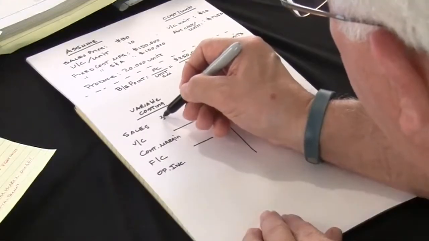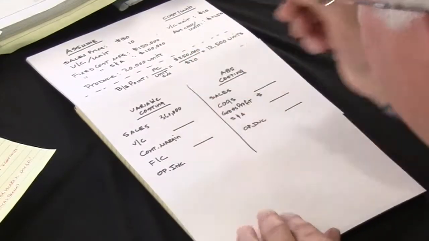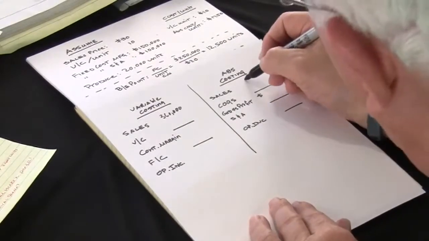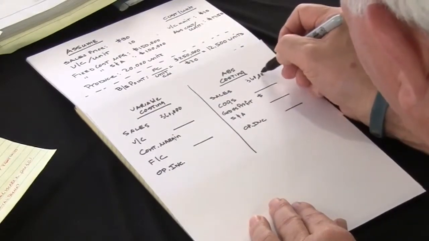We thought we were going to sell more, but a couple of big sales didn't come in, variety of reasons. But let's take a look and see what the implication of selling 12,000 is, which I want to remind you is less than the break-even point. So if we do sell 12,000 units at $30, we're going to sell $360,000 under variable costing or absorption costing. Doesn't make any difference.